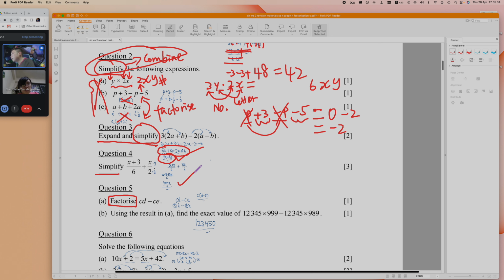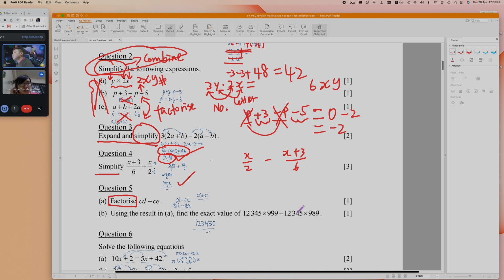So let me give you another example. So let's say if I have this x over 2 minus x plus 3 over 6. So how do you do this question? Similarly, you will take the 3 times here, right?